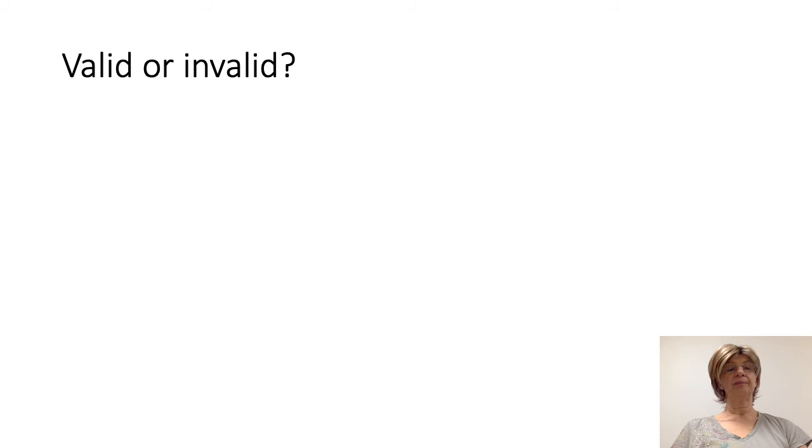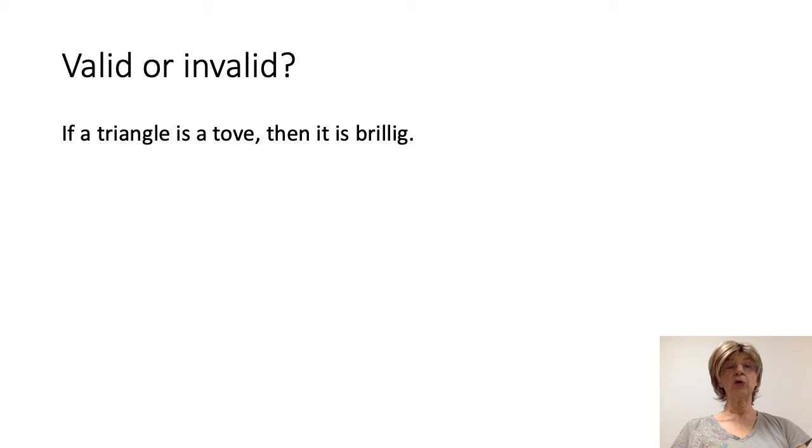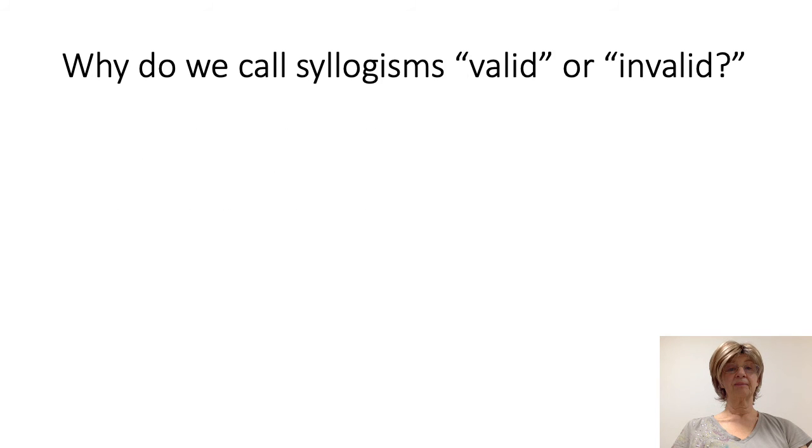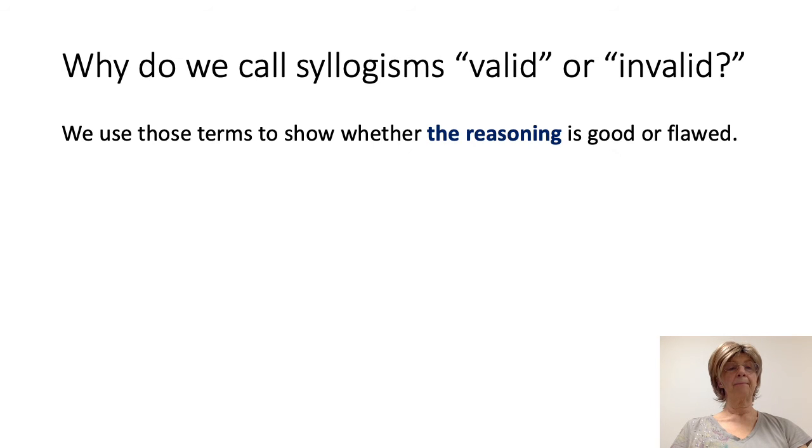Valid or invalid? If a triangle is a tove, then it is brillig. Triangle PQR is a tove. Therefore, triangle PQR is brillig. This one is valid. Why do we call syllogisms valid or invalid? We use those terms to show whether the reasoning is good or flawed.